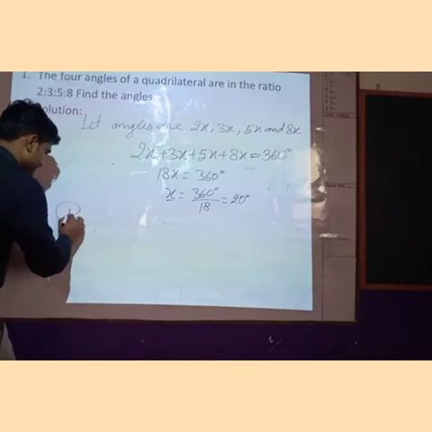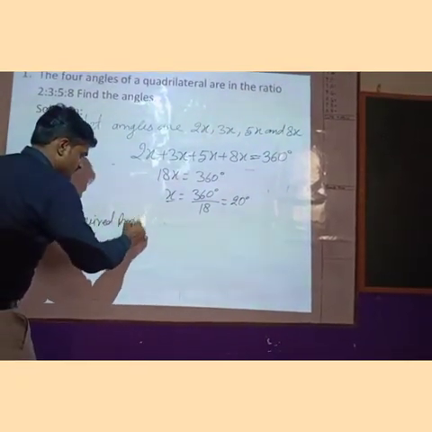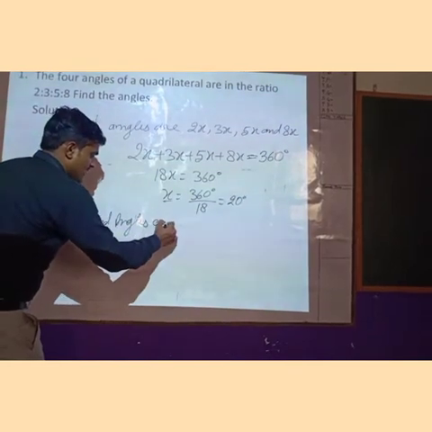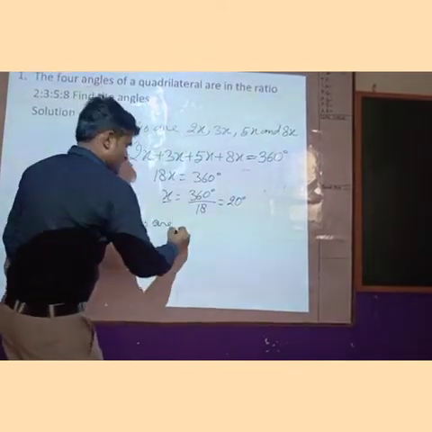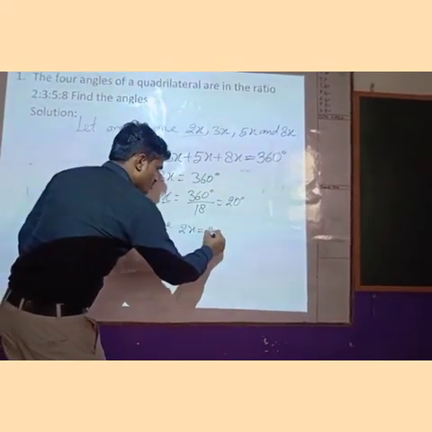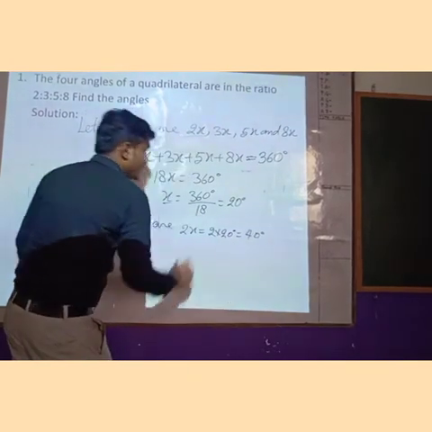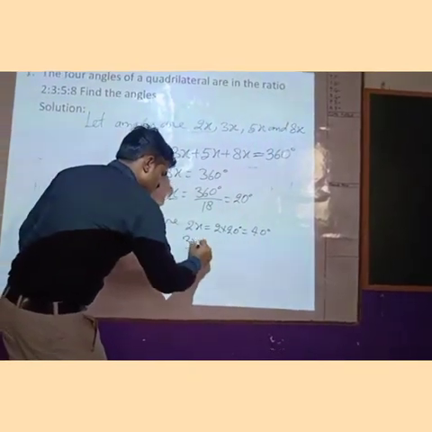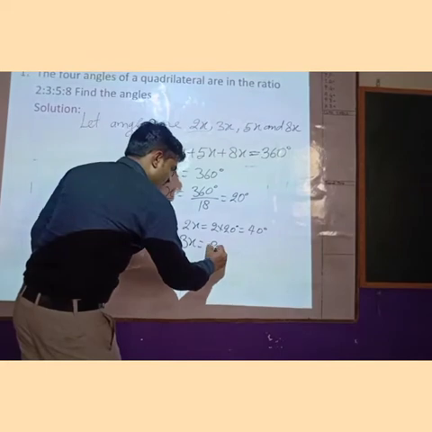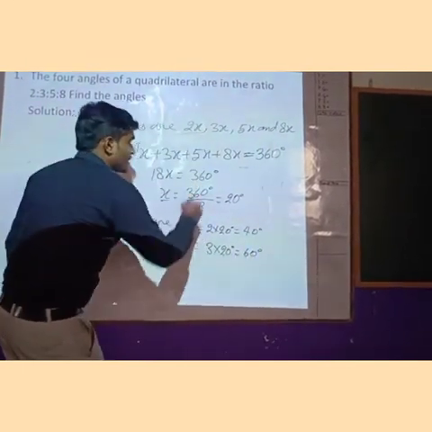So children, the required angles are 2x, which is 2 multiplied by 20, is equal to 40 degree. Next is 3x, so 3 multiplied by 20 degree, that is 60 degree.